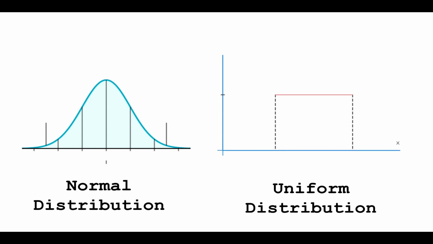So this represents the distribution of data. This means that most of the data will be close to the average and fewer data is away from the average. It basically means that the probability of getting a value near the average is higher. The uniform distribution, however, is a straight line that represents the distribution of data. So all the values in a uniform distribution will have an equal probability of occurring within the given range.